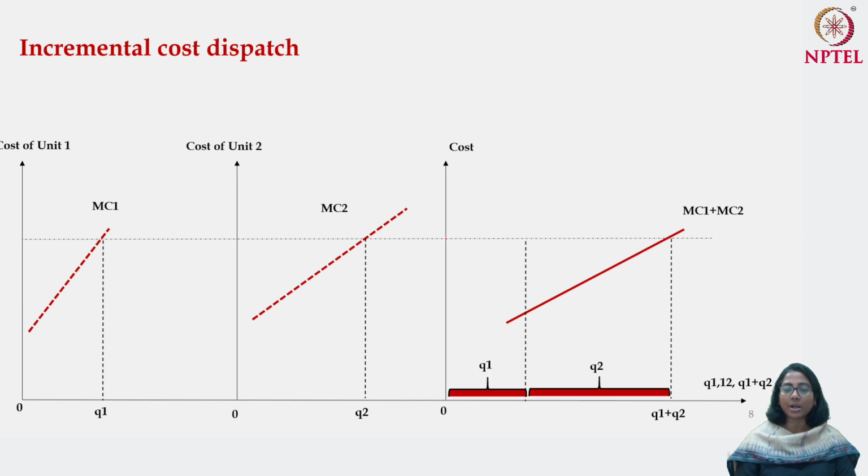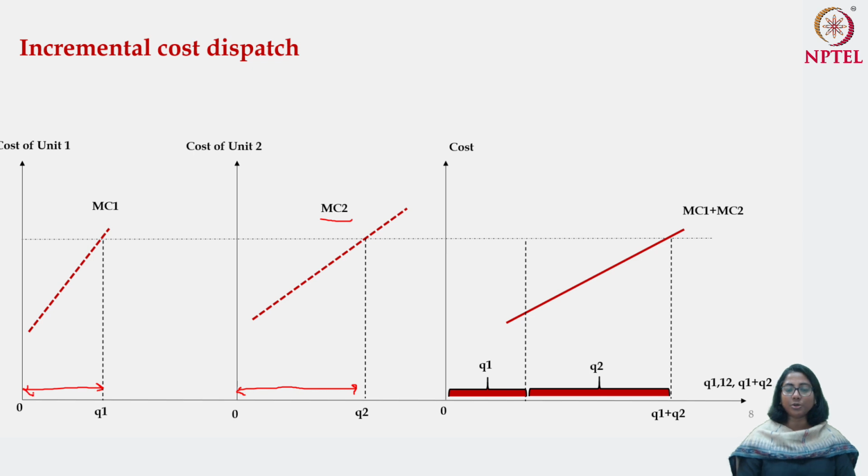So adding up this Q1 and Q2, by construction we get Q1 plus Q2. So the total output Q1 plus Q2 is divided among the first generation unit and second generation unit based on their marginal cost curve schedule. Now if you look here, we already have said that the second unit is probably more efficient as compared to the first unit, and therefore whatever is being produced by the second unit, this much, is much bigger than what is being produced by the first unit, this much.